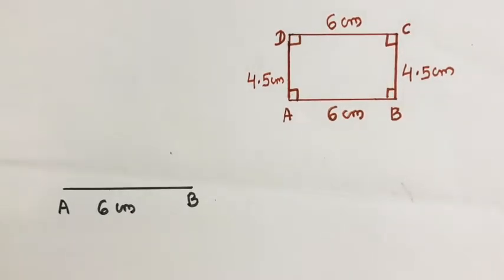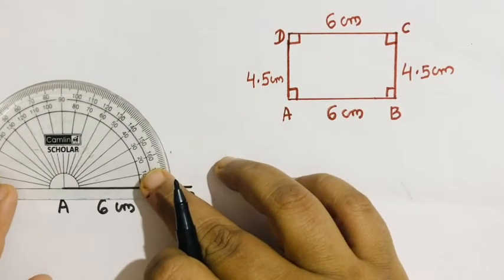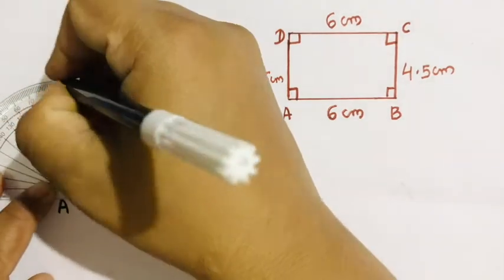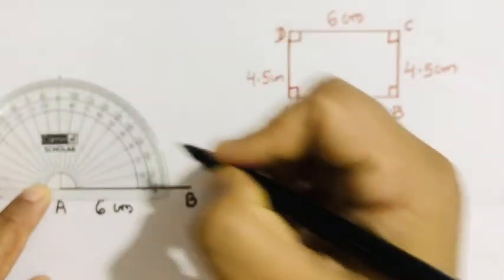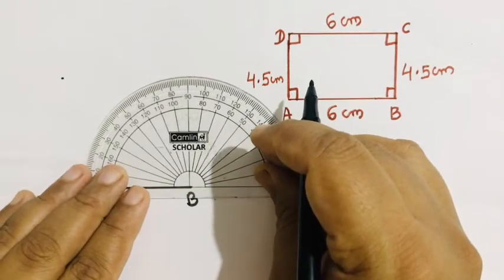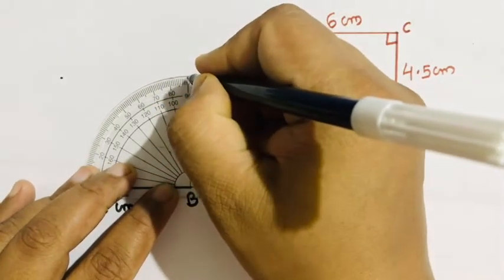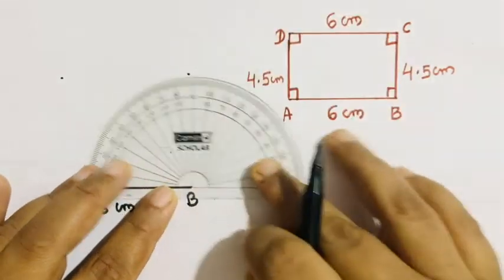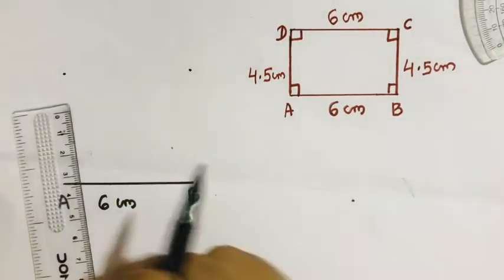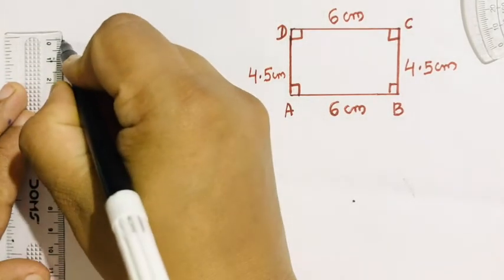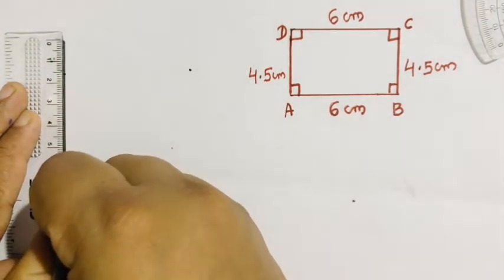Now you need to draw a 90 degree angle from point A as well as from point B. Draw a ray.